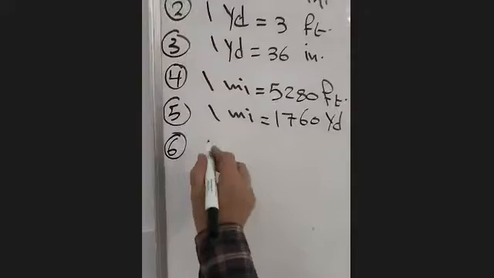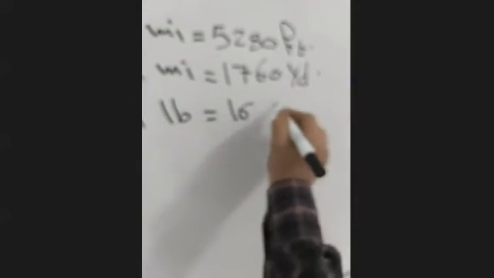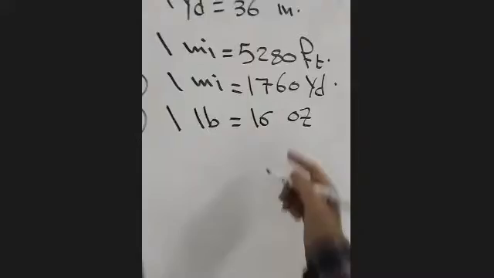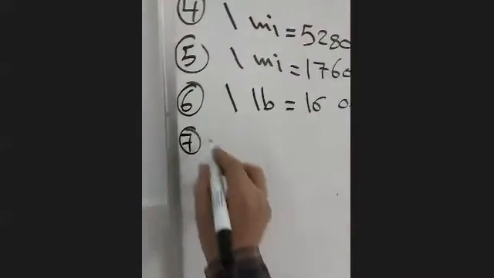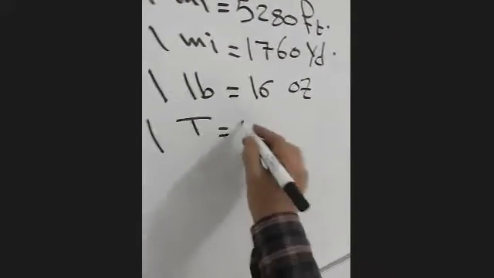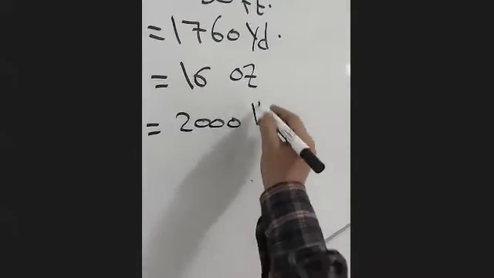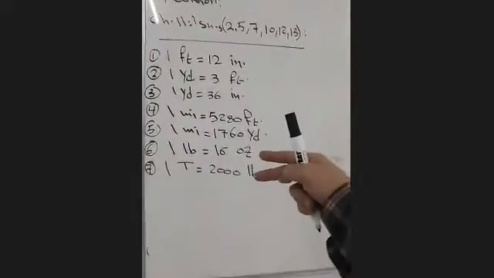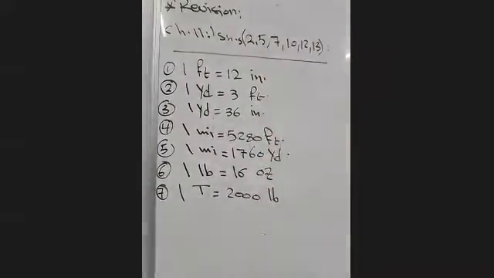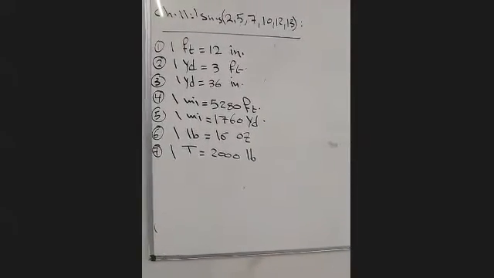Each 1 pound equals 16 ounces, OZ. Remember? The second one, 7, each 1 ton equals 2,000 pounds. These last two are for lesson 5. Remember?